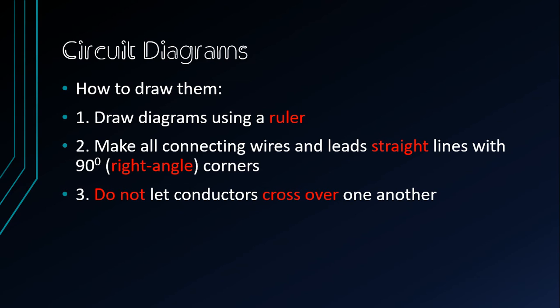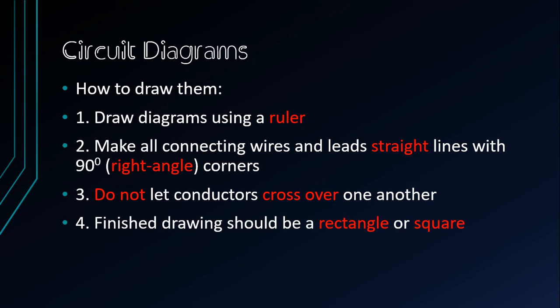Do not let conductors cross over one another. If that's what you have, then electrons are going to choose the shortest path possible, and you might have a short. Your finished drawing should be a rectangle or a square. Okay, let's try this out.